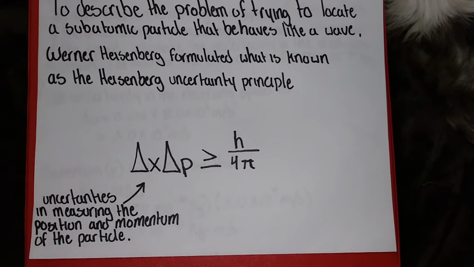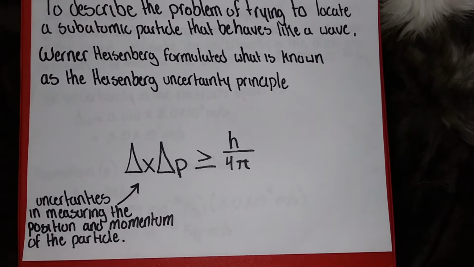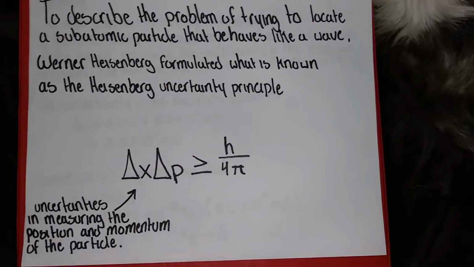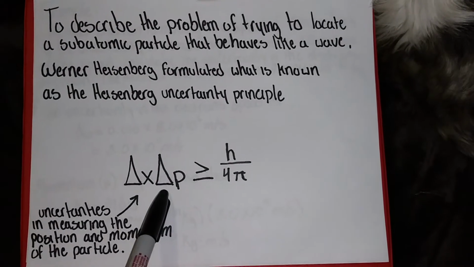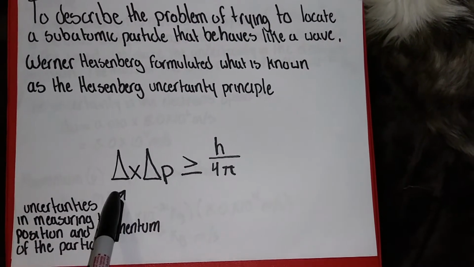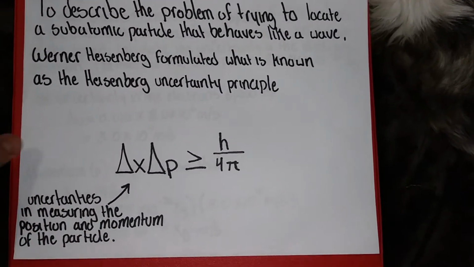Delta x and delta p represent the uncertainties in measuring the position and momentum of the particle. Delta p is the uncertainty in the electron's momentum, and delta x is the uncertainty in the electron's position.